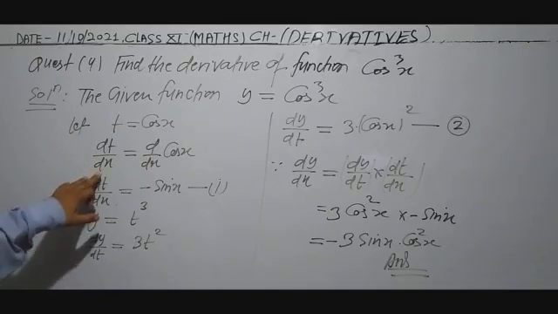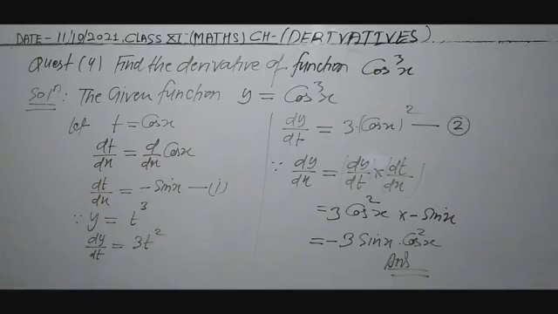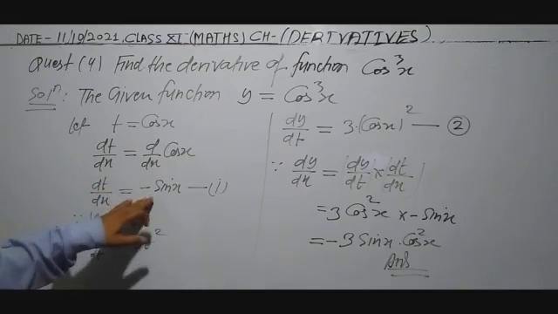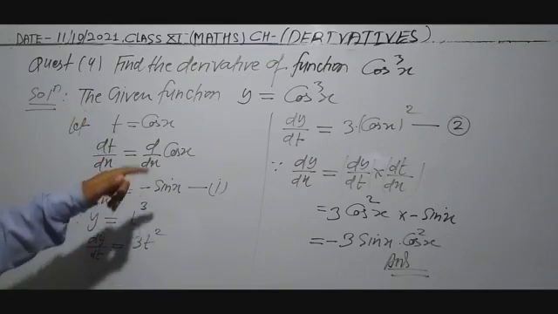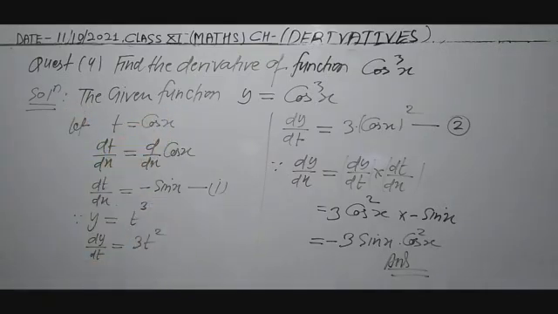In case dt by dx will be equal to minus sin x. And now cos x result differentiation, you know, minus sin x. And again you have to change y in terms of t. So you have considered t is equal to cos x. So y will be equal to t cube.